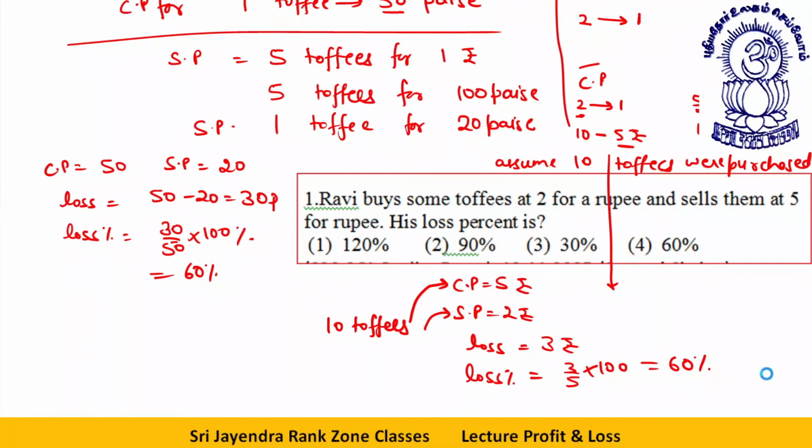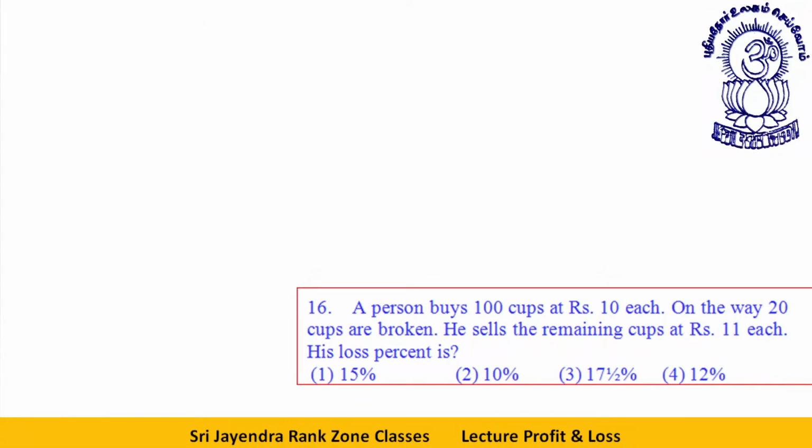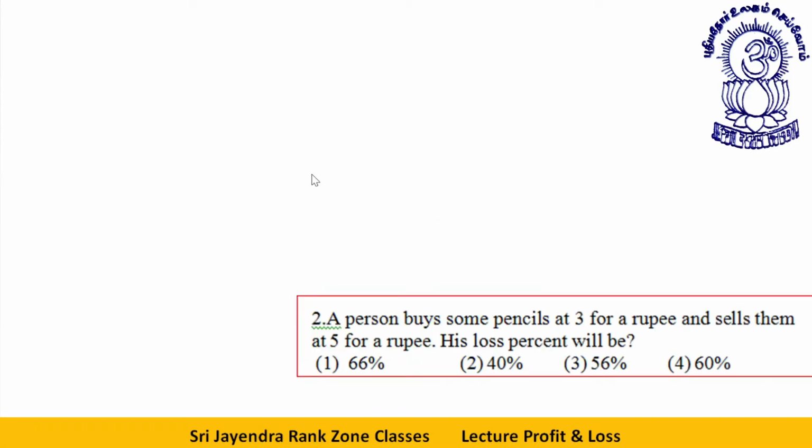Okay, dear students, let's move to the next one. The next question we have is, a person buys some pencils at 3 for a rupee.